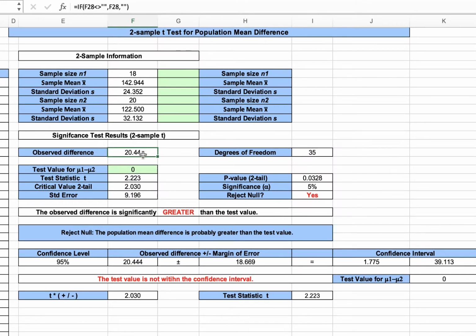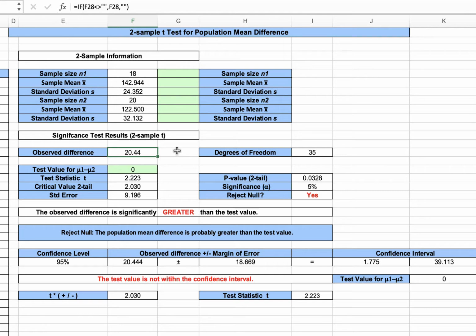Okay, so looking at our results, our 18 women have an average score really close to 143, 142.944, and our 20 men have an average score of 122.5. So the women outscored the men on average 20.44 points. Is that enough to be statistically significant?